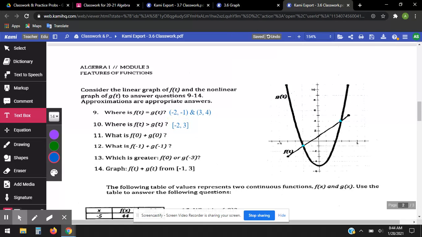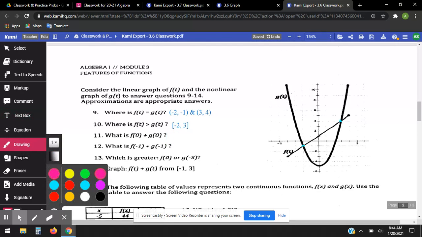What is f of 0 plus g of 0? Well, to figure that one out, f of 0 would be about +1. And then g of 0 is -5.